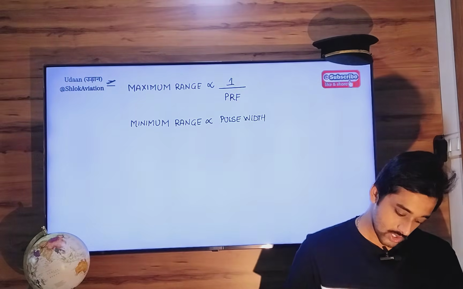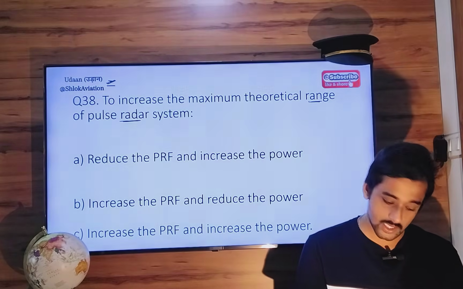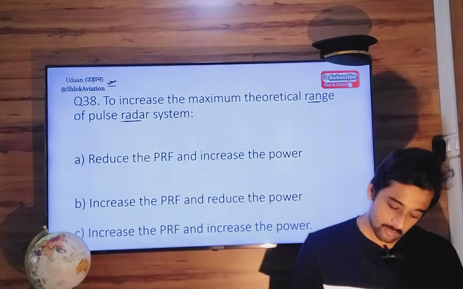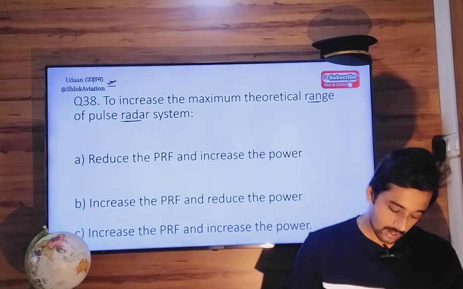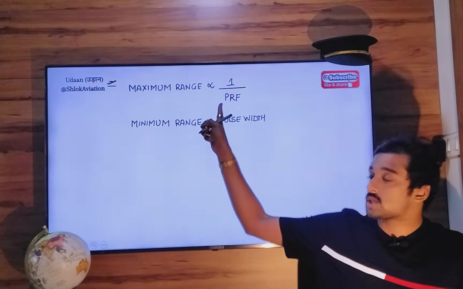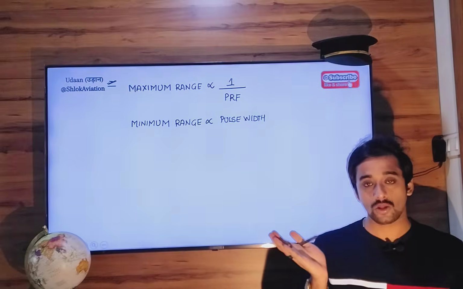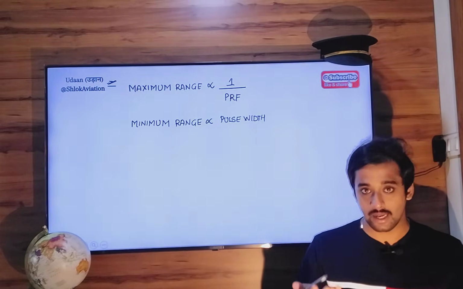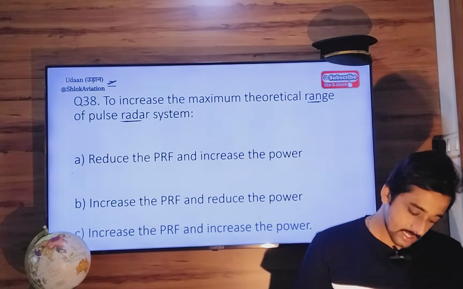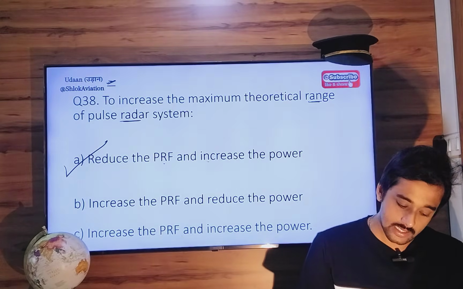So in order to increase the range of a pulse radar system: reduce the PRF and increase the power; increase the PRF, reduce the power; increase the PRF and increase the power. Since it is inversely proportional to frequency, you will decrease the frequency, so the achievable maximum range increases. So the correct answer is option A. Reduce the PRF and increase the power.